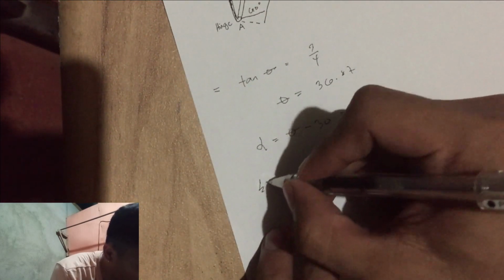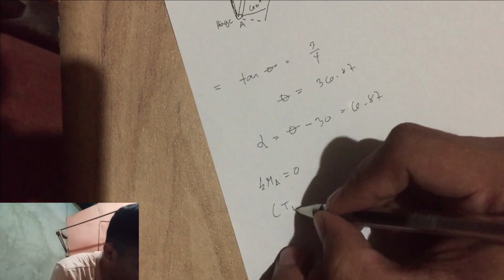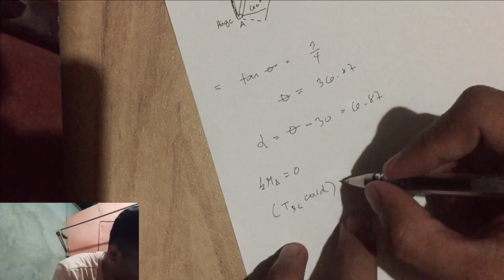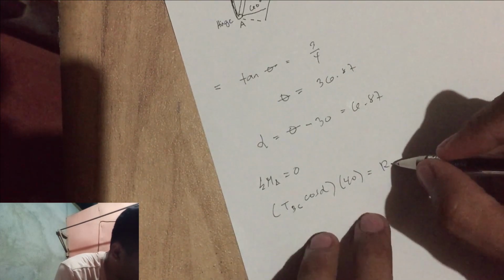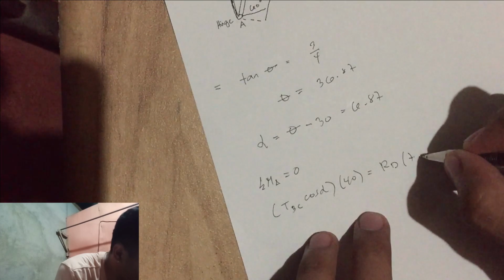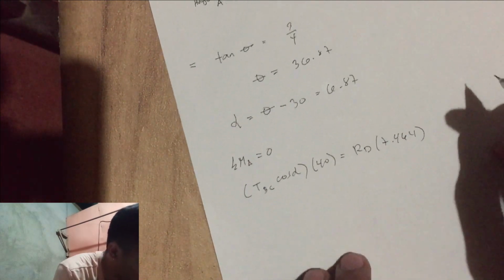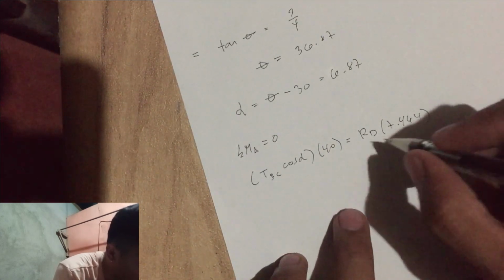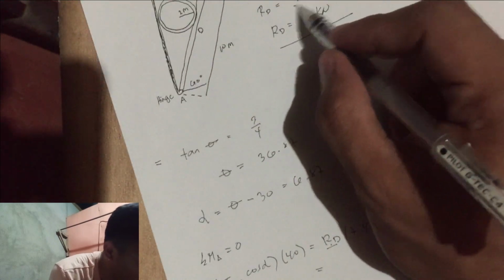The summation of MA equals 0. So the formula is T BC cos alpha times 40 equals reaction D times 7.464, and our value of RD is 3,000 Newton.